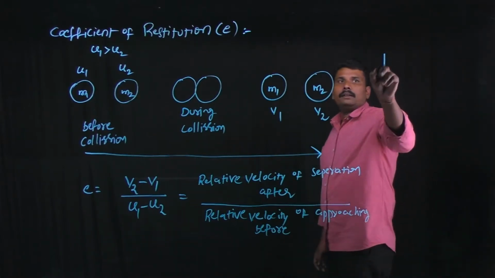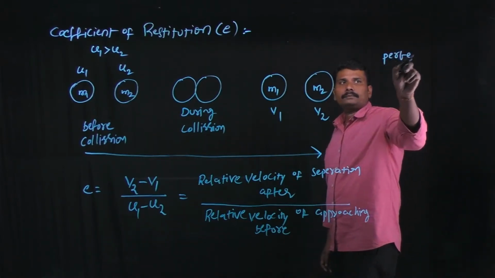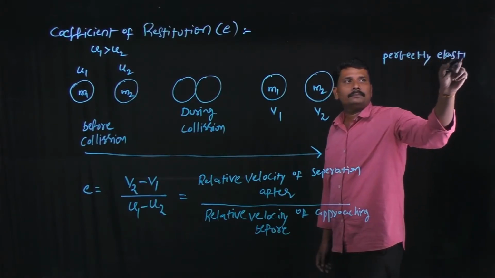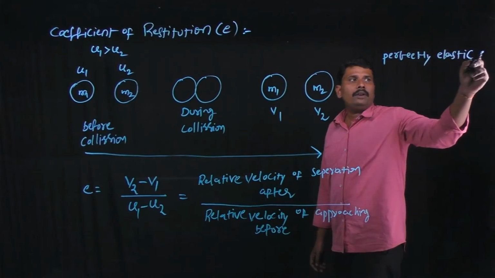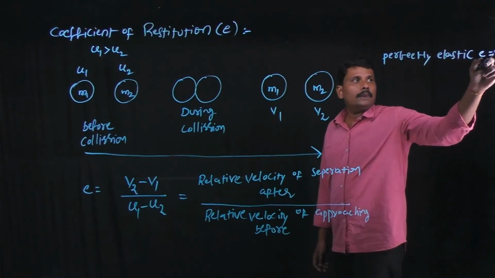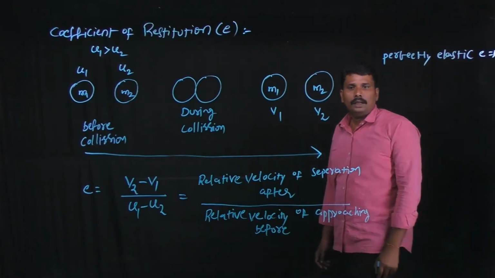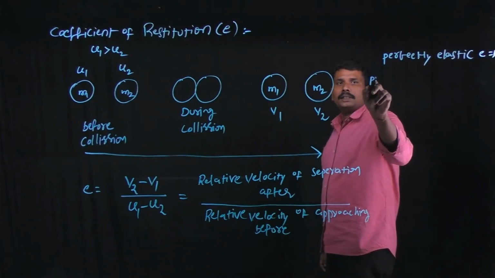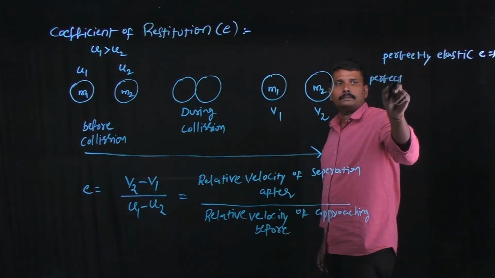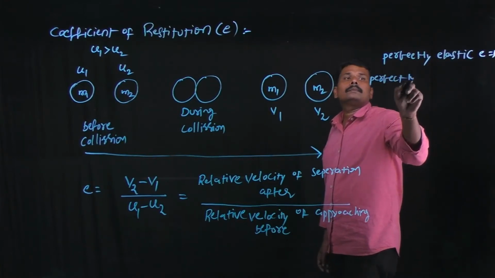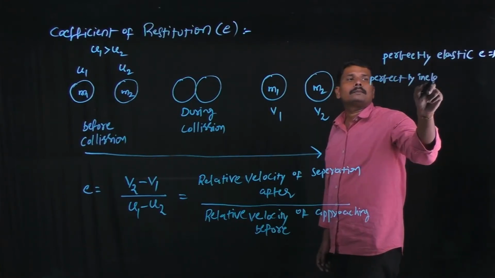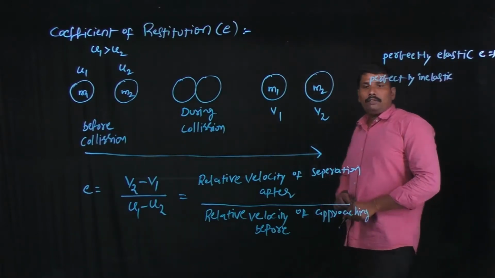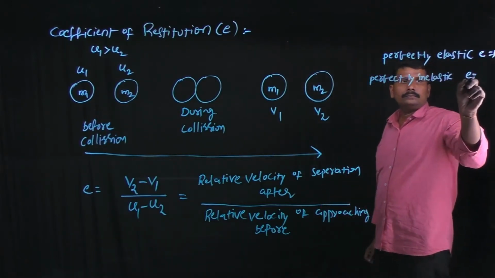For a perfectly elastic collision, the value of e is 1, and for a perfectly inelastic collision, the value of e is 0.